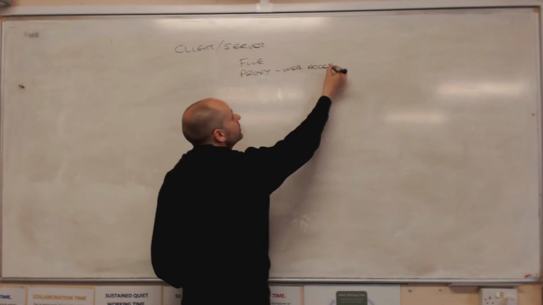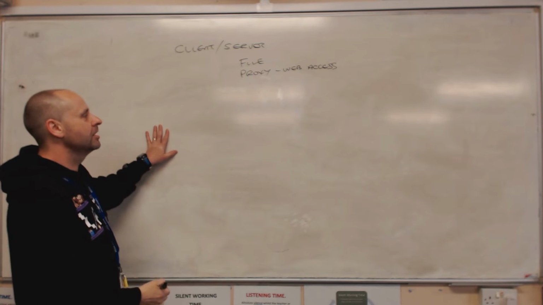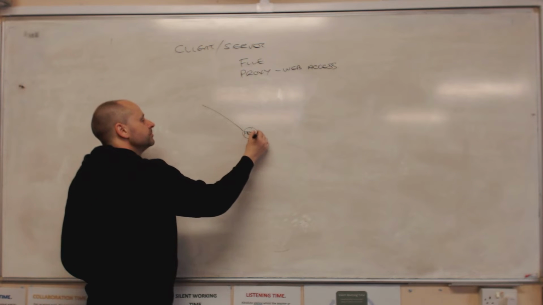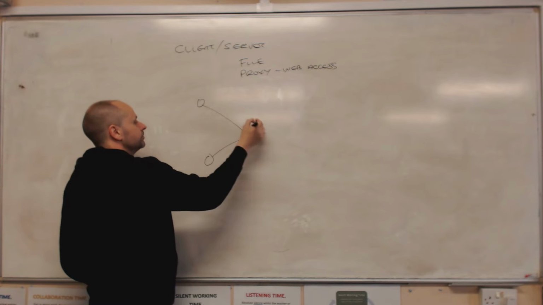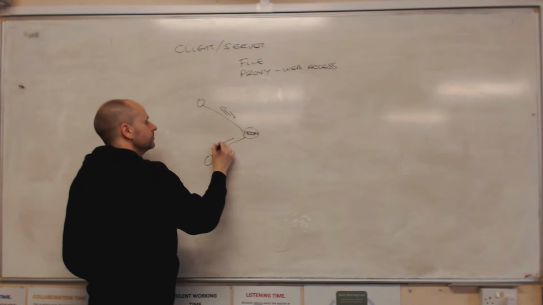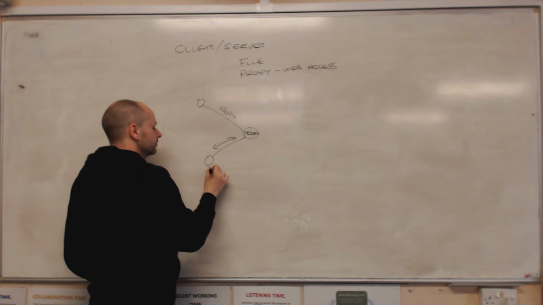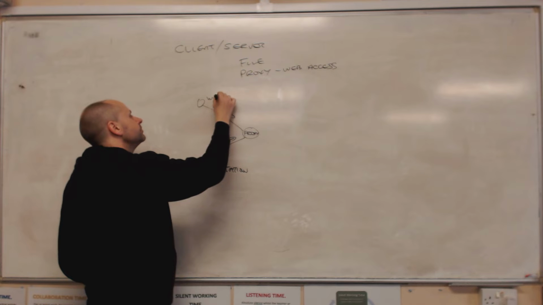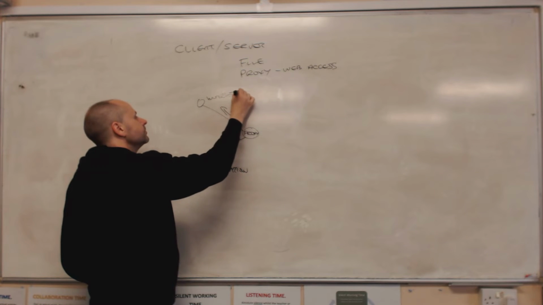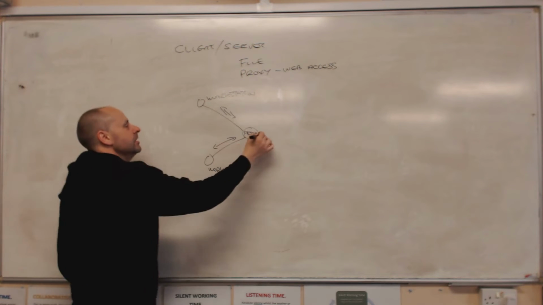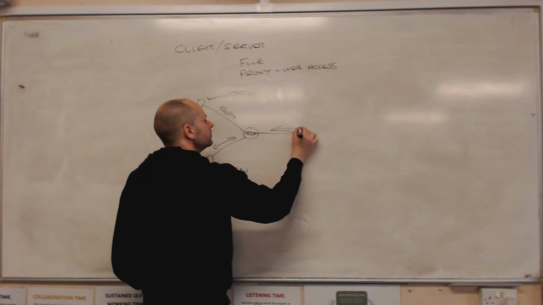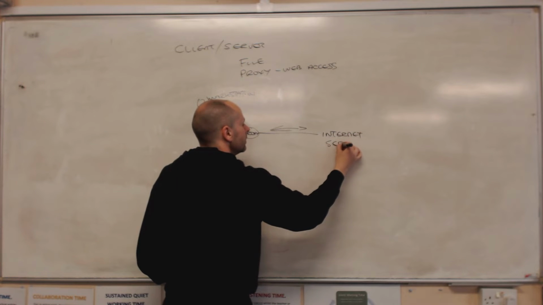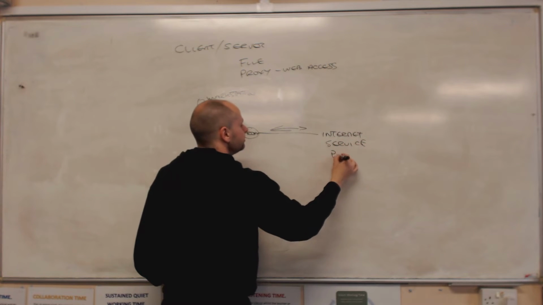Everything goes through that proxy server, so I make a web request from my client machine, and my network might be like this, where I've got a number of workstations, and I'm making requests for web pages.